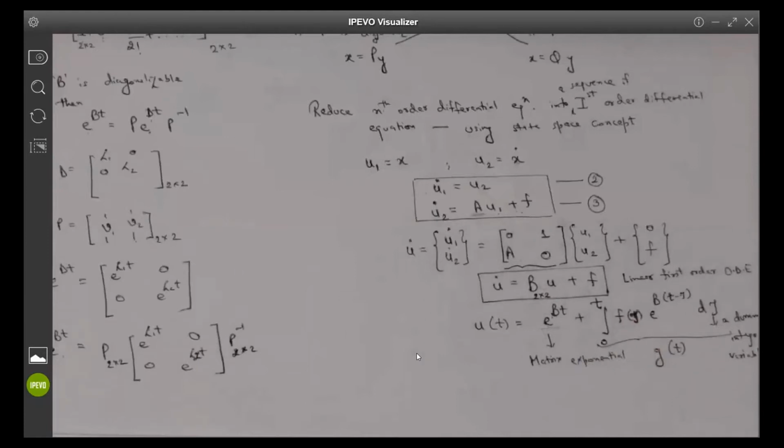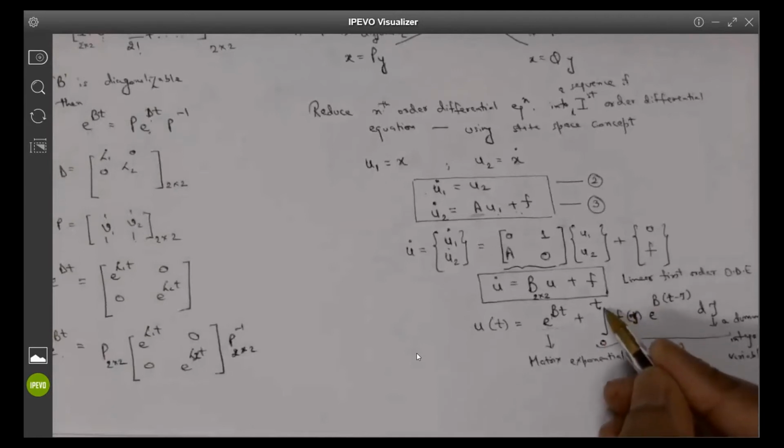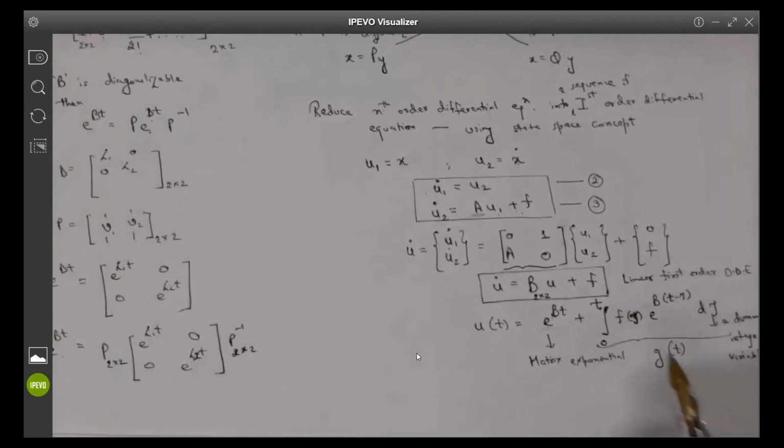Any questions, guys? That zero starting point for the integral, is that part of the procedure, or is it coming from something? Yeah, 0 is coming from the solution of the first order differential equation.